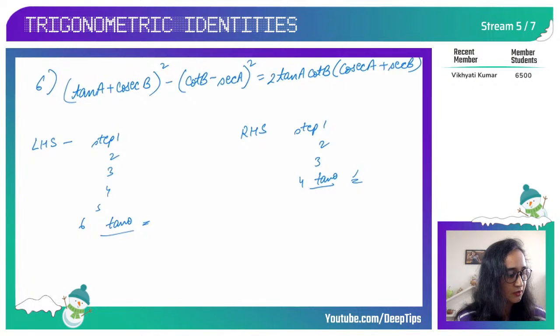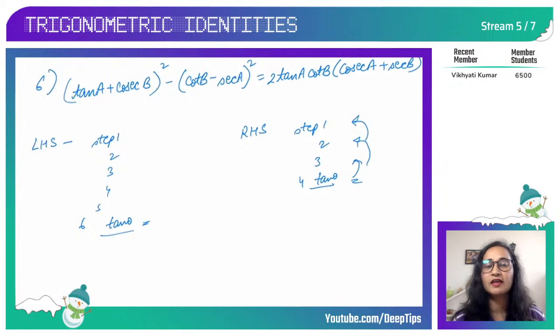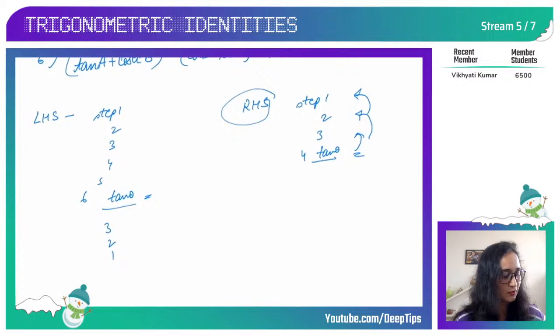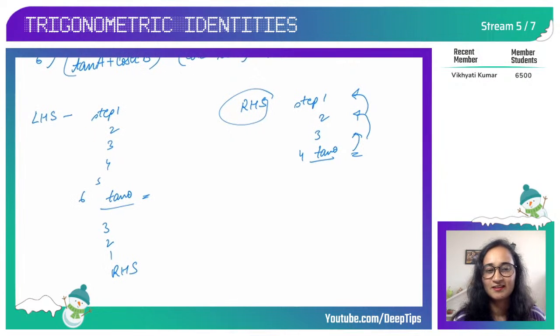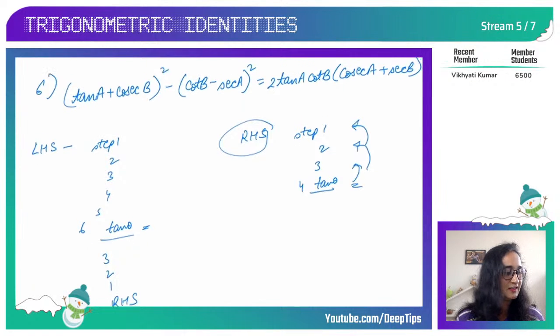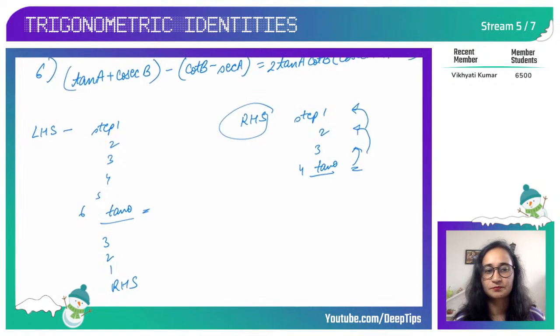If you do reverse engineering here, reversing these 3 steps, then of course you will get to the RHS. If you write steps 3, 2, 1 here, you will reach your RHS.